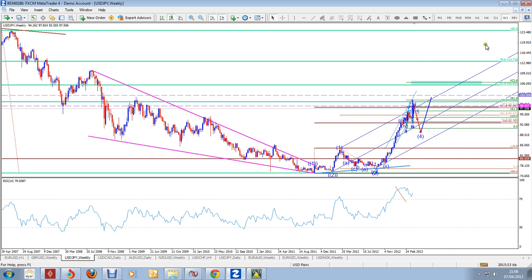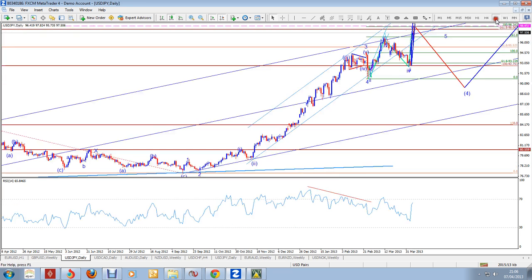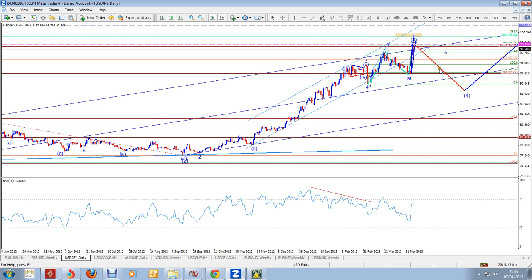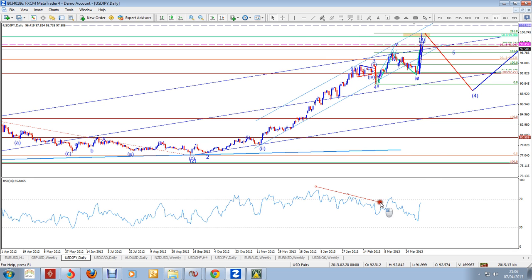So final wave 5 will take us much higher, but this time around I'm expecting around the 100 area, where the yen pair is looking to form a significant top. But in the meantime, I would not short that. I would expect further movement to the upside. Around 100 is an area where we would look to short or look for conclusion of the current uptrend.